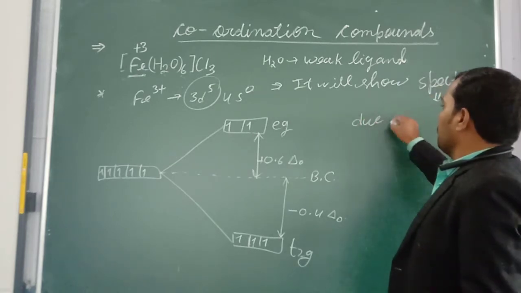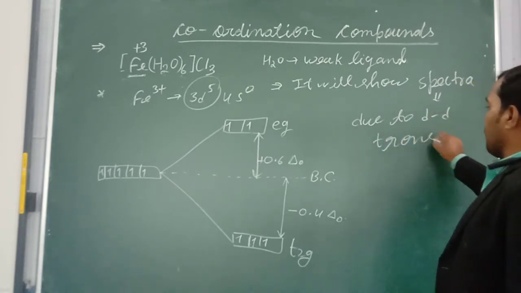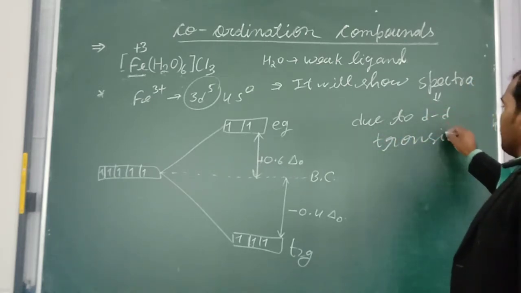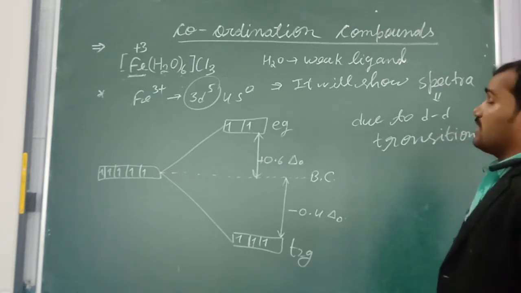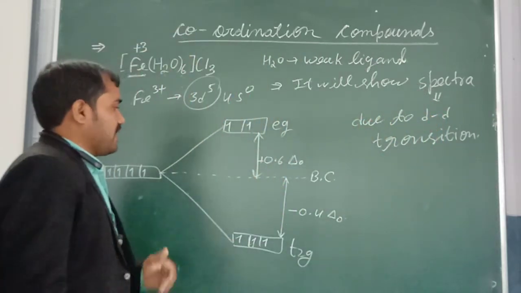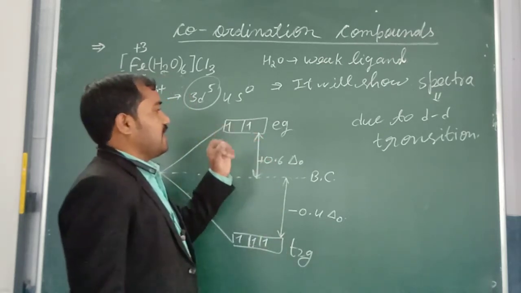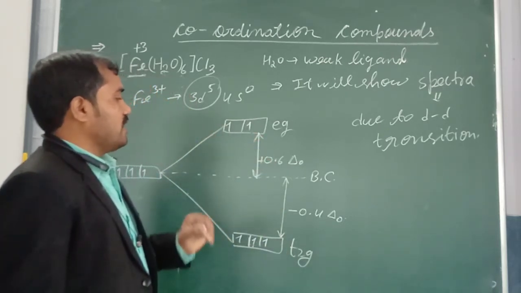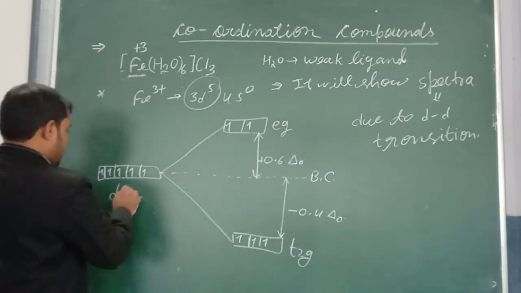Due to d-d transition. It will show spectra, that is, it will be a colored complex. Why? Because it will show the d-d transition. That is, the t2g electron will jump to eg, and it will show the d-d transition. Understood? Now, this is a d5 orbital.